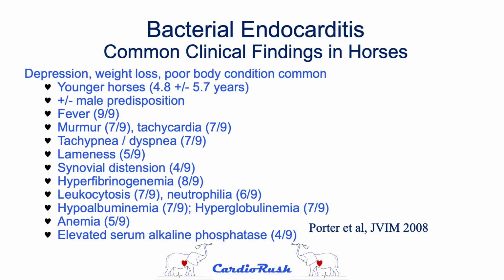The majority had fever, murmur, tachycardia, and tachypnea or dyspnea, with lameness or synovial distension noted in up to half, and elevation of fibrinogen, leukocytosis, neutrophil count, as well as hypoalbuminemia and elevated globulins may be seen as well. Anemia may be noted, and elevated alk phos may also be seen in horses with bacterial endocarditis.